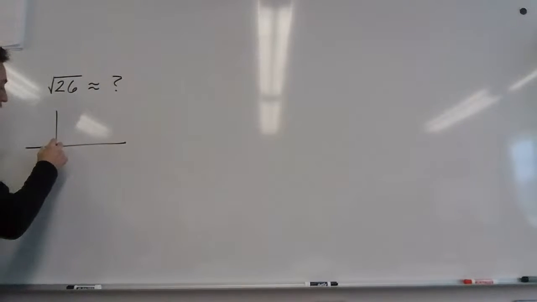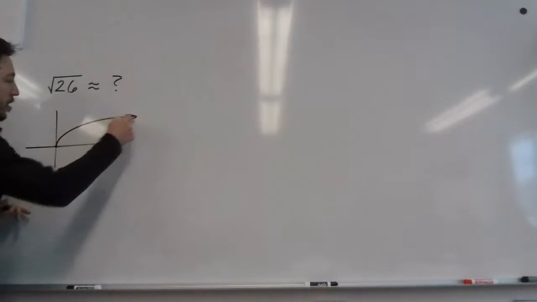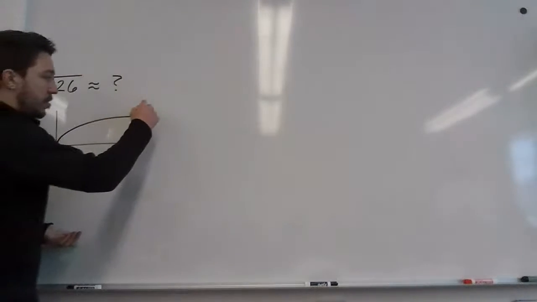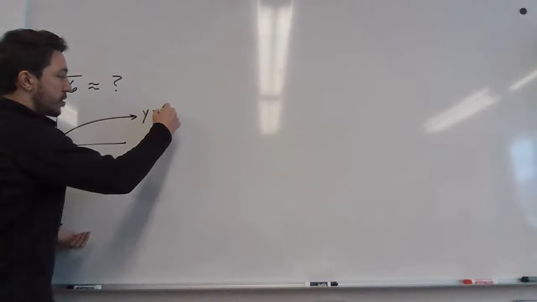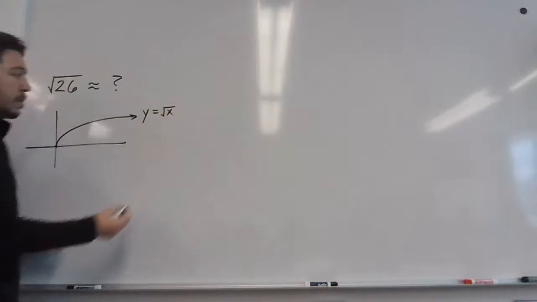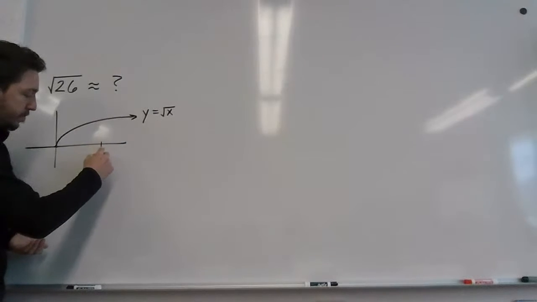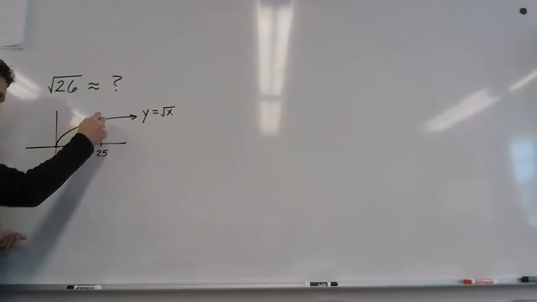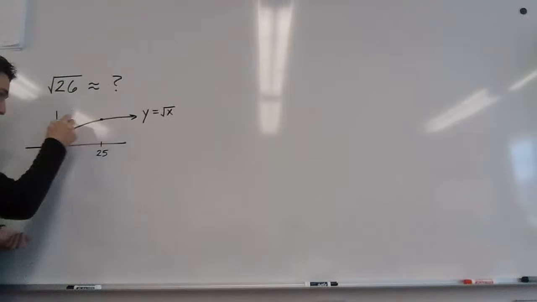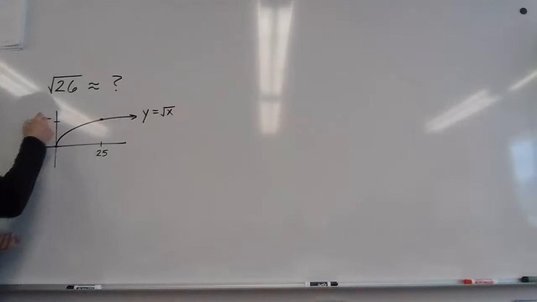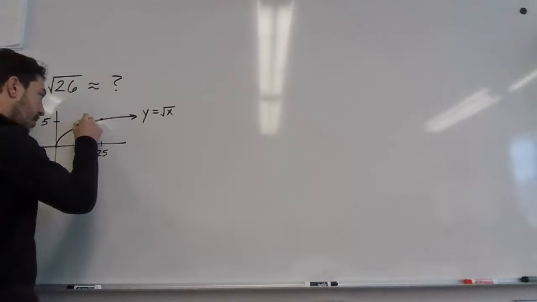We're going to say, consider this. This is the square root function. So this is y equals square root of x. Okay. Way over here at 25. Okay. There's a tangent line.